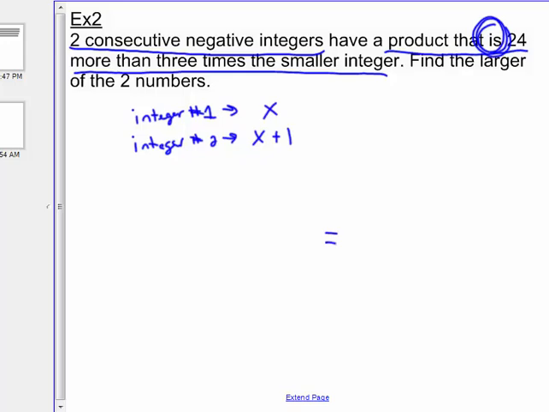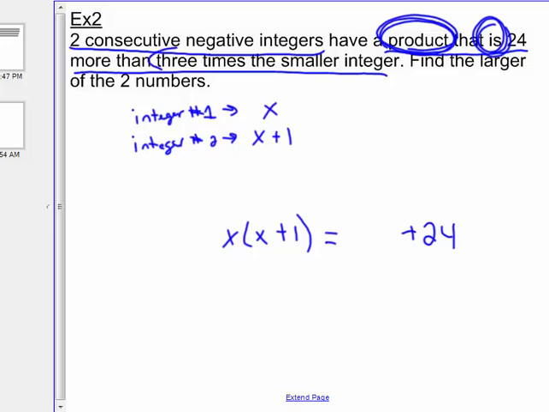Product means multiply. And what two things am I multiplying? Two consecutive integers. So I'm going to take x and then multiply it by x plus 1. And it is, and now I have 24 more than, so plus 24.